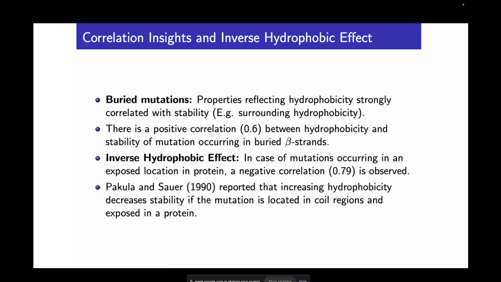This particular study by Pacula and Straw reported that increasing hydrophobicity decreases the stability if the mutation is located in coil regions and exposed in a protein. So the study says that if a hydrophobic residue occurs in coil regions or in exposed areas of the protein where you would expect more hydrophilic residues, then it decreases the stability of the protein, which is quite intuitive. And again, vice versa is also true.